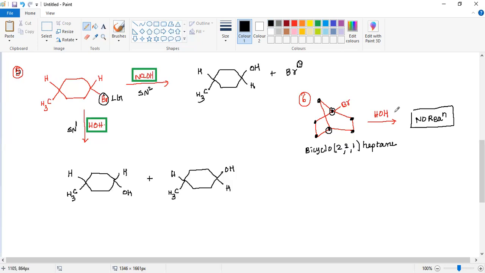Whether it is SN1 or SN2, the reaction is not possible whenever the halogen atom is attached directly to the bridgehead carbon. What do we call this? I already gave it in our previous class, bridgehead carbon. If it is anywhere other than here, then the reaction is possible. Chalo, practice that also and write the product once. It comes like this. Okay na? That's it. So this is the 6th example. Okay, next.